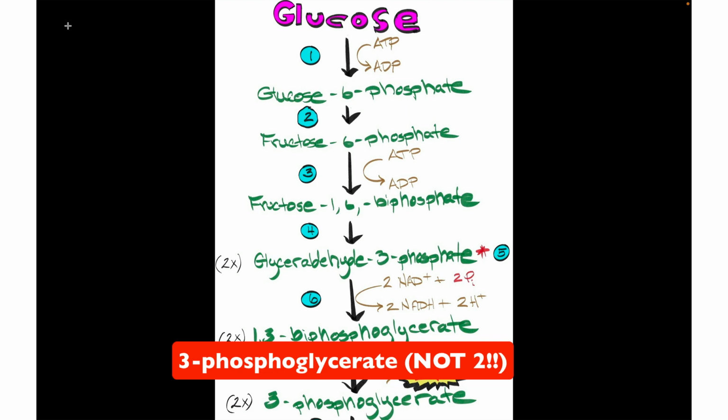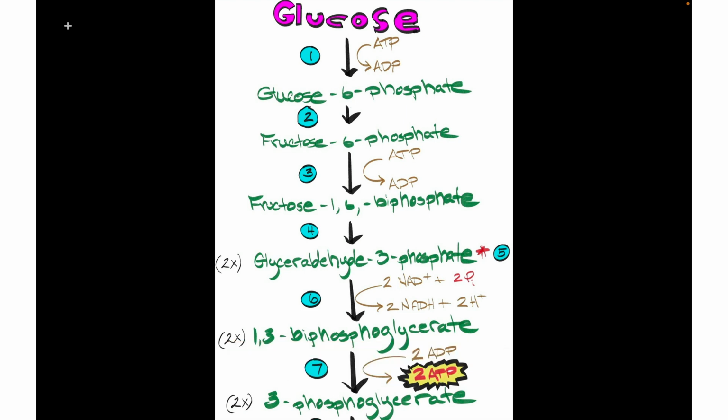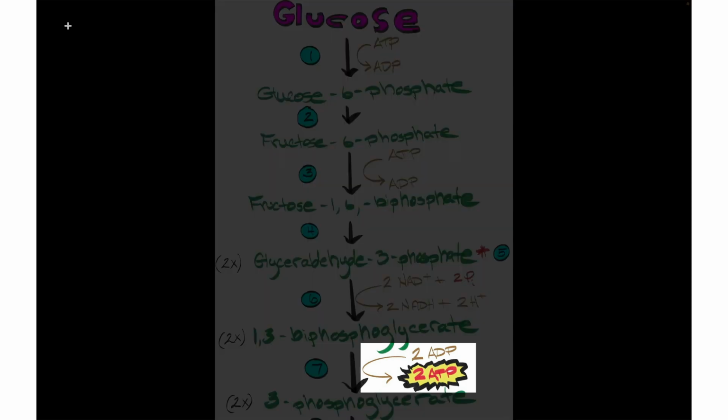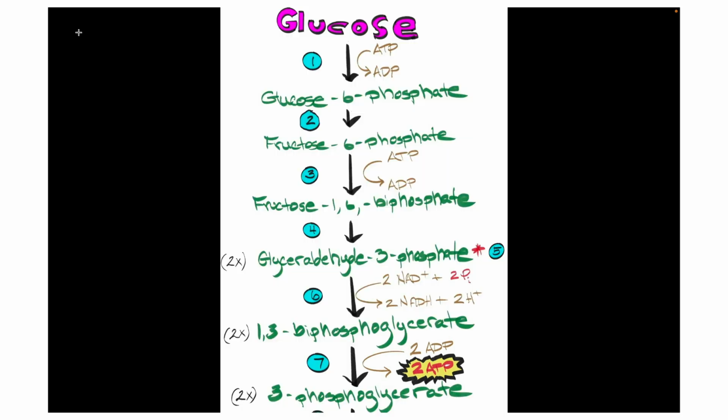So to be clear, we see 1,3 in biphosphoglycerate and only 3 in phosphoglycerate because it has lost a phosphate. And those 2 phosphates have been added to 2 ADPs to produce 2 ATP molecules.